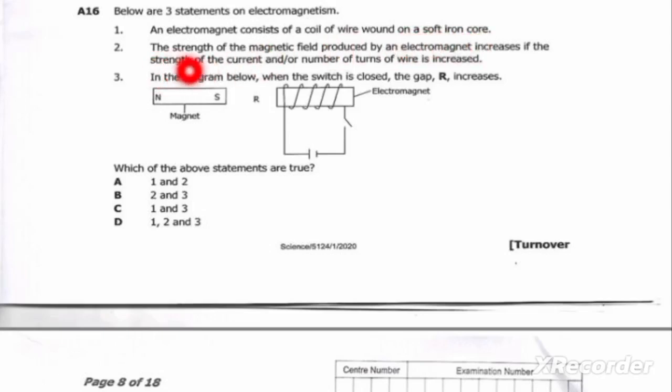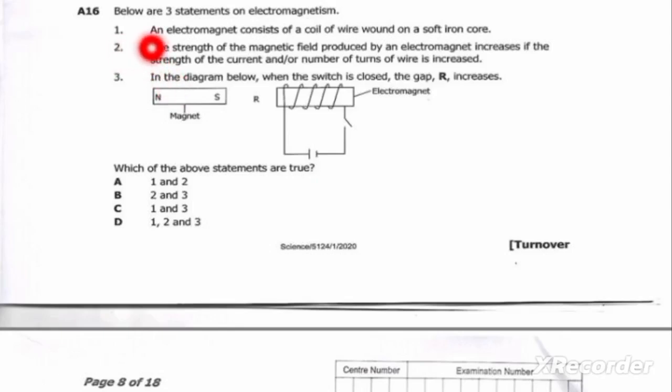Number 2, the strength of the magnetic field produced by an electromagnet increases if the strength of the current and or number of turns of wire is increased. Number 3, in the diagram below, when the switch is closed, the gap R increases. Which of the above statements are true?